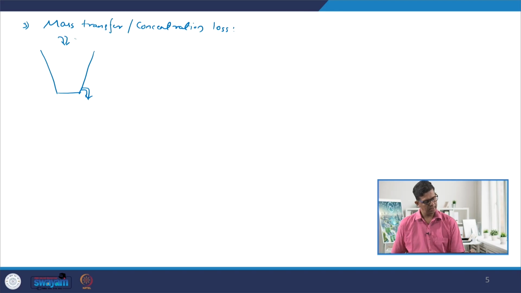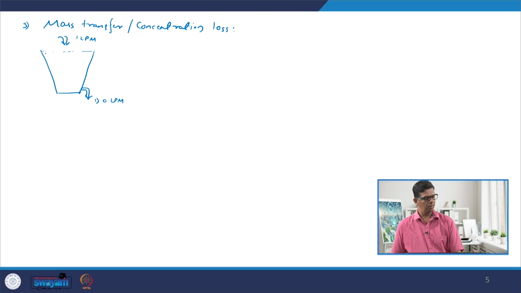Let us say the tap supplying water to the bucket supplies 1 liter per minute, and initially there is no water. This is my first case. I am drawing no water from the bucket, so it is 0 LPM.